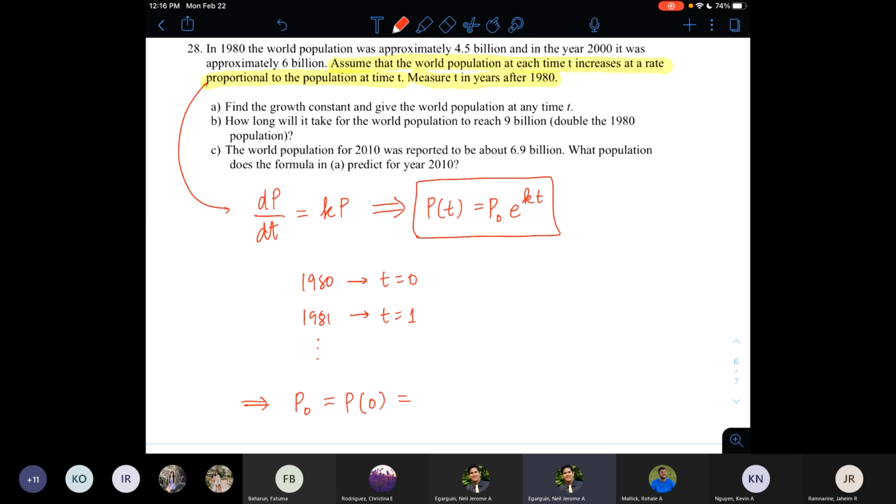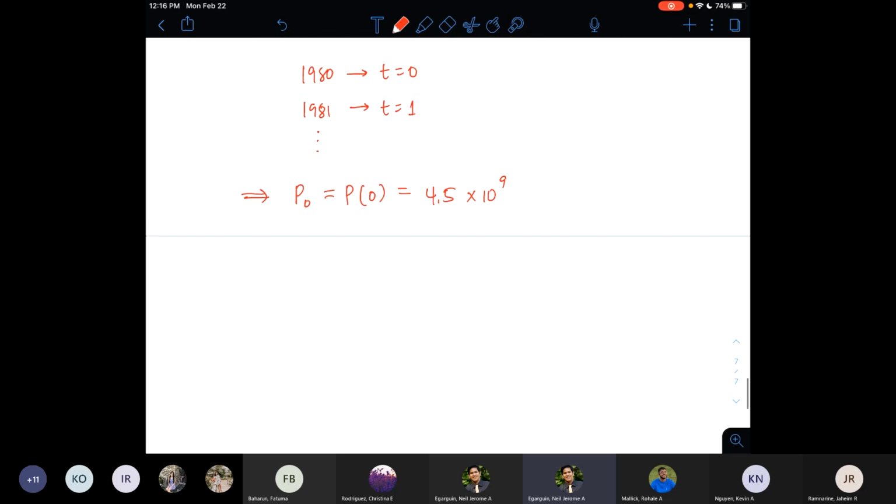And it is said in the problem that in 1980, the population is approximately 4.5 billion people. So that would be our p sub 0. So our model now can be rewritten as p of t equals 4.5 billion e to the kt. That's the model we want to work with.